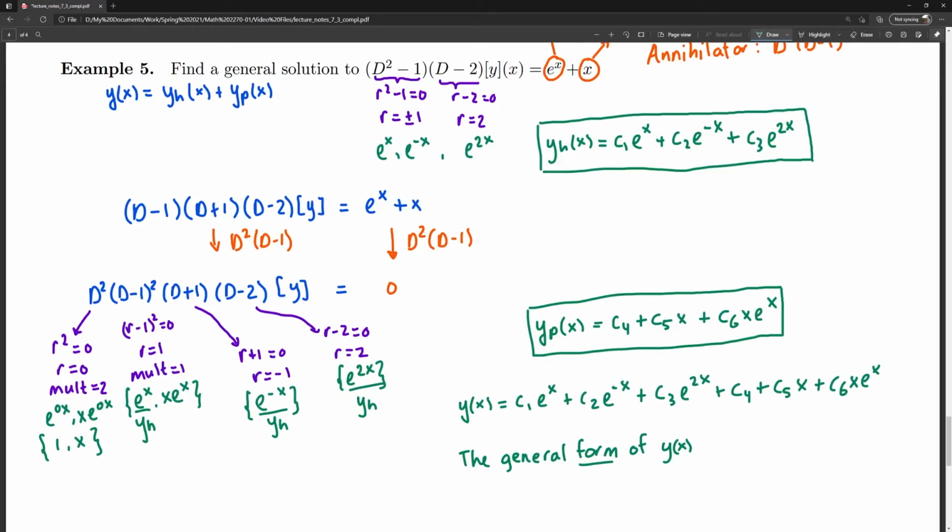But we need to find the general solution. And so that involves taking this part, plugging it into the differential equation, and figuring out what the constants are.